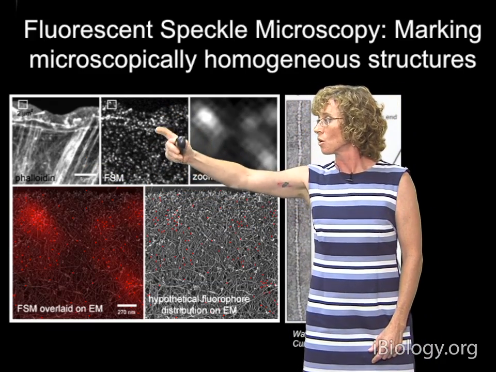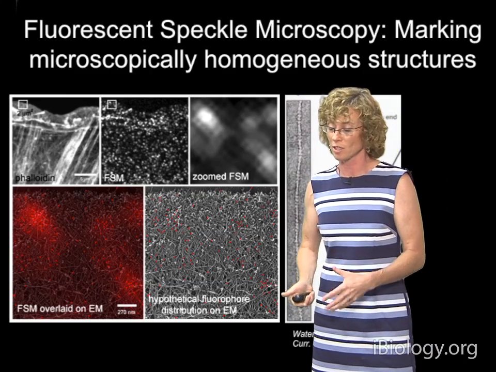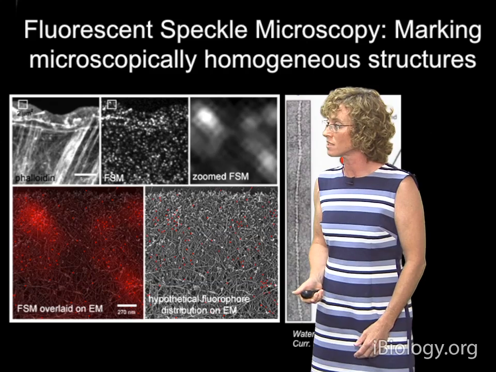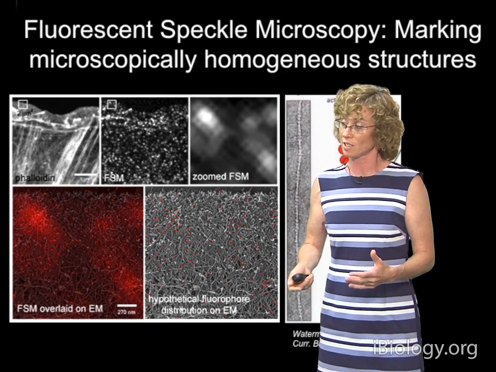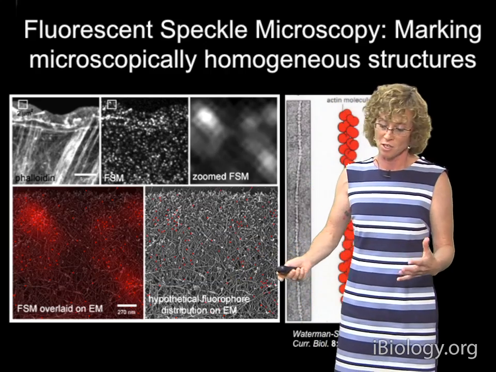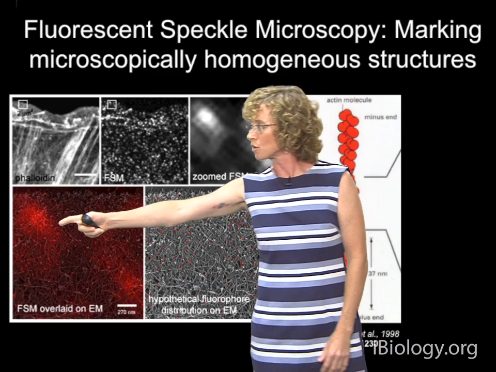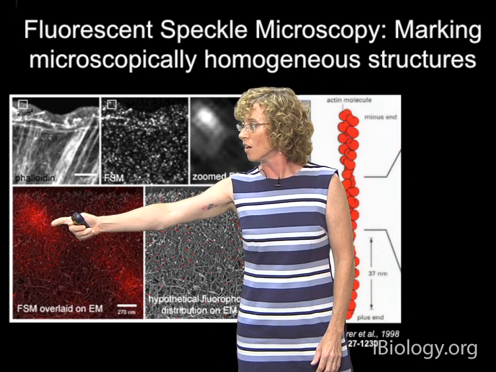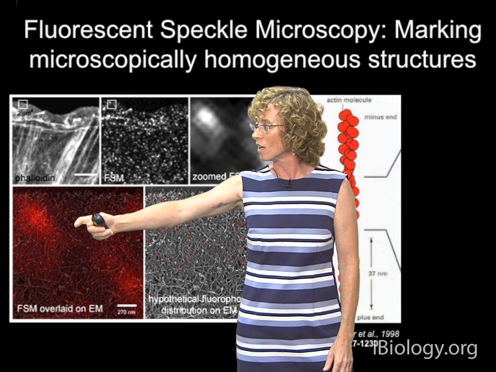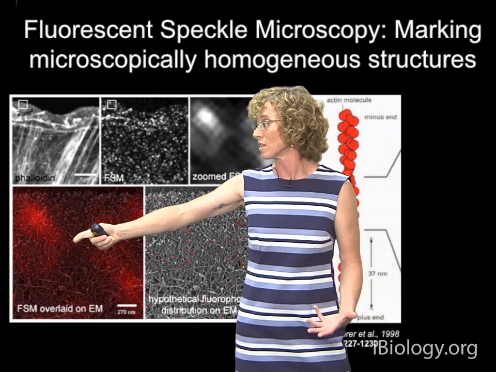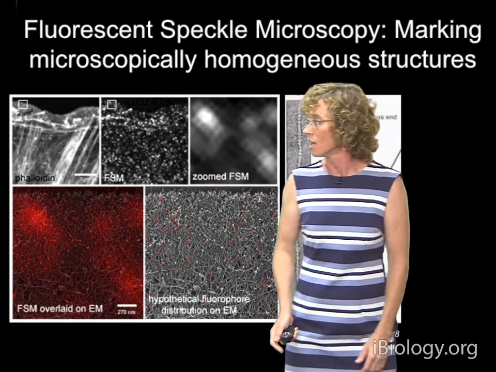Now, if we zoom in to this small area at the leading edge, those speckles are actually diffraction-limited point spread functions of varying intensity. If we superimpose this little 2x2 micron region onto an electron micrograph taken by Tanya Svitkina, and really just photoshopped, what you see is that within one of these little diffraction-limited spots, there are actually lots and lots of actin monomers. And you see adjacent regions that have very few fluorescent monomers incorporated into them, and thus are dimmer than the brighter peaks of intensity.